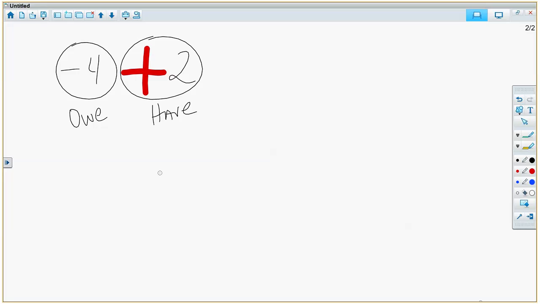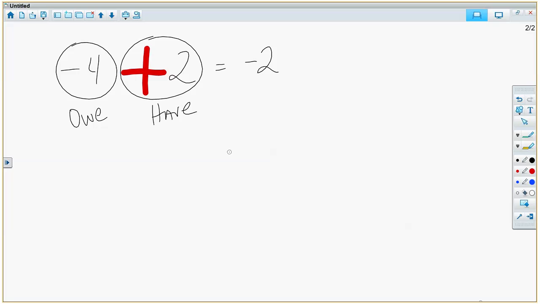Two. Now, if you owe Walmart $4, you're at the cash register, and you have $2, what's the outcome? You still owe Walmart what? $2. Now, do y'all see what I'm talking about as far as money?